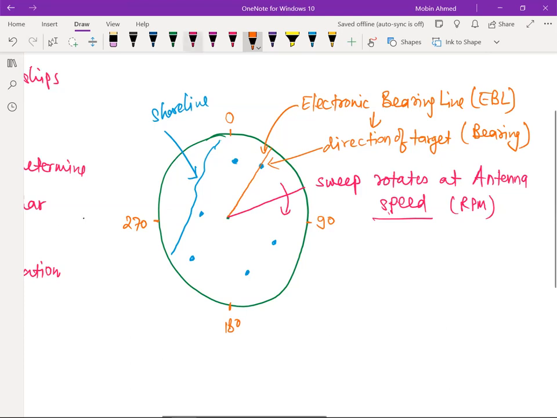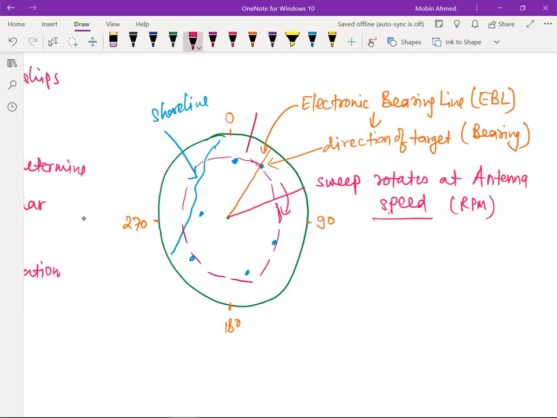For the range selection, we are going to have one ring in this. One ring is going to appear like this. So I will make it here only. Like this, there is going to be a ring.